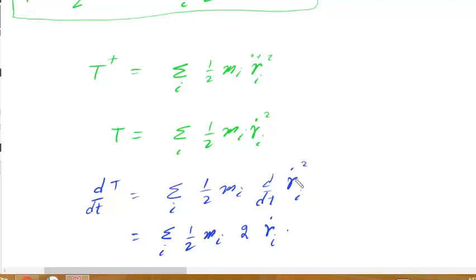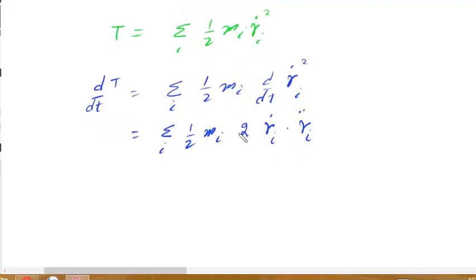Then this 2 cancels with this 2, and we can write this change as r double dot.